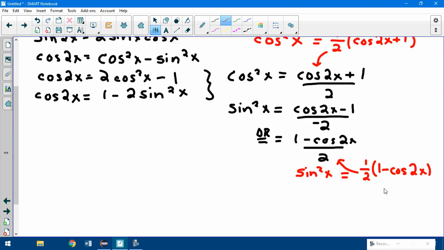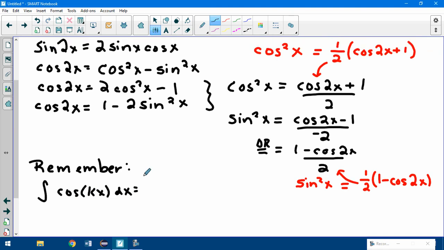And when I say that, I should also remind you, so remember, the integral of the cosine of kx dx, k is a constant, so if I'm taking the integral of cosine of 2x, derivative of what gives you cosine? Sine. So it'd be sine of kx.